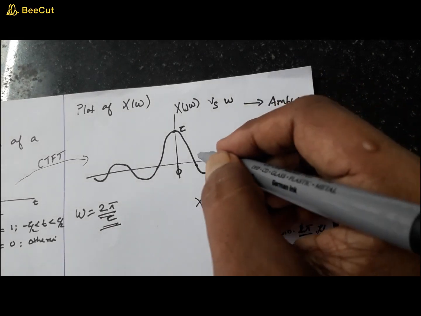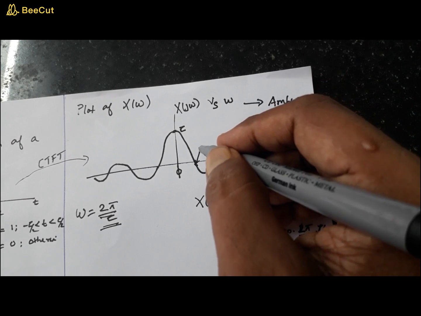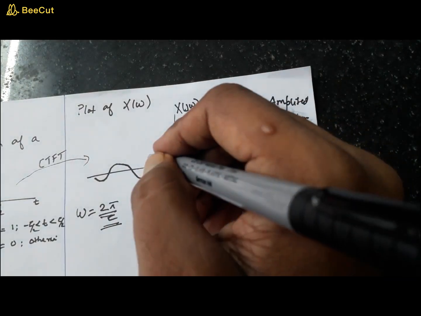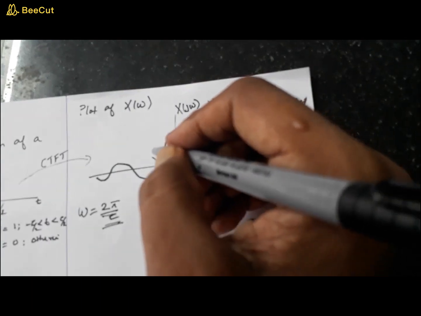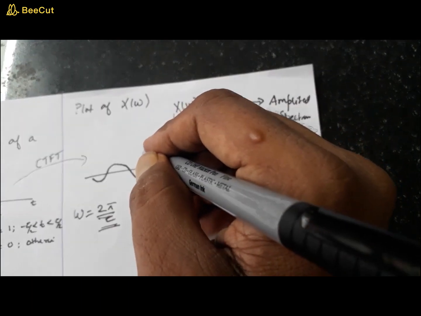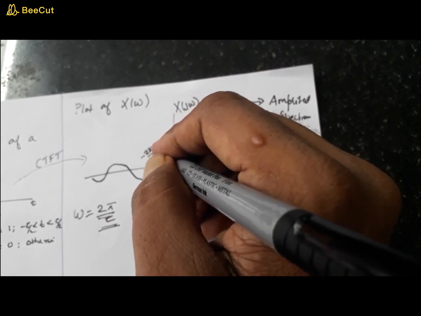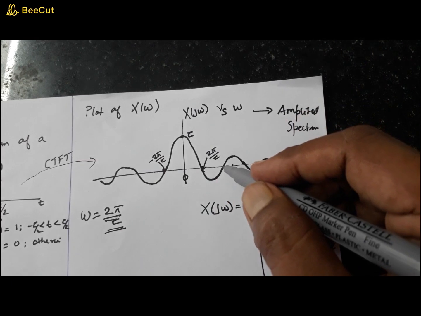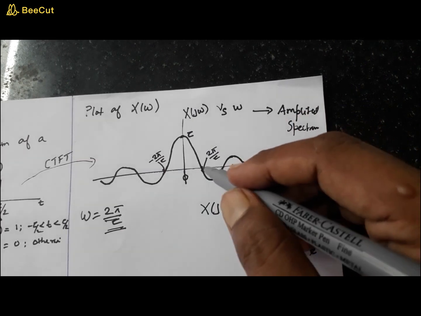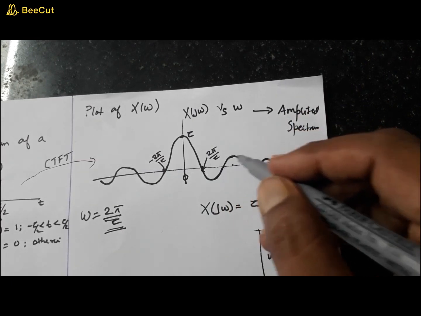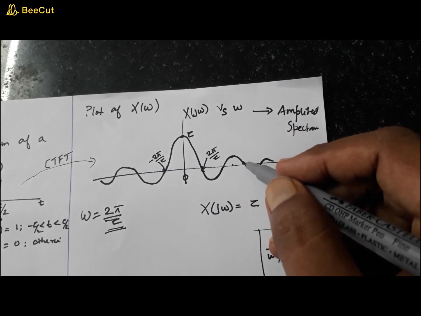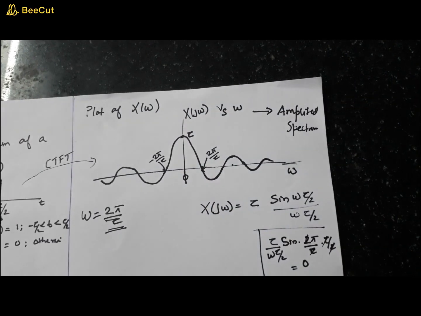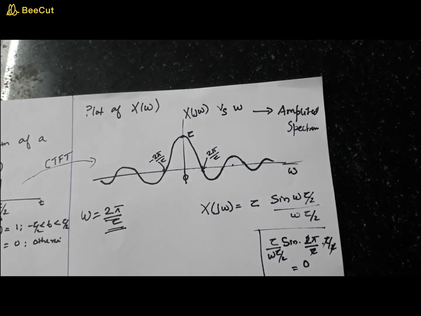That means at every 2 pi by tau, so this is 2 pi by tau, this is also 2 pi by tau, but this is minus 2 pi by tau, so omega is negative here and positive there. This is 1 times 2 pi by tau, this is 2 times. So at every 2 pi by tau, this signal has a zero crossing.